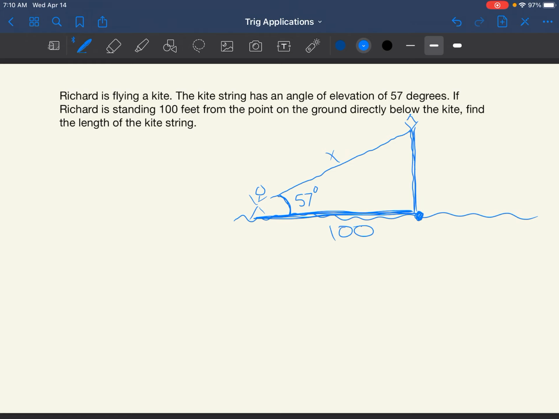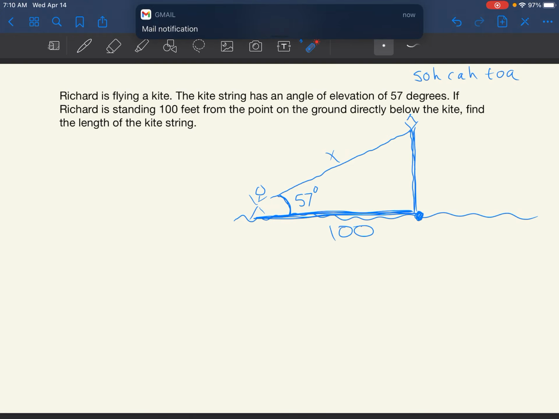So next step, I always recommend that you do this. Go ahead and write SOH CAH TOA to remind you what sine, cosine, and tangent are. Okay? And we also need to label the sides of the triangle. So I'm working from this angle, directly across from that angle is this side right here.